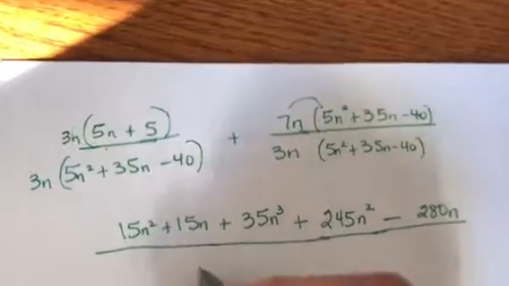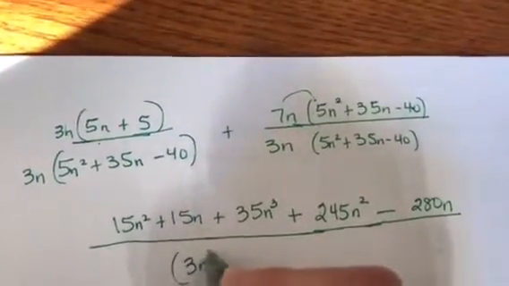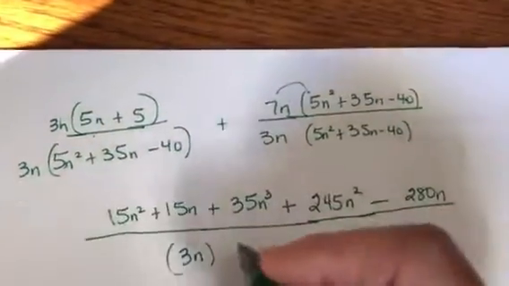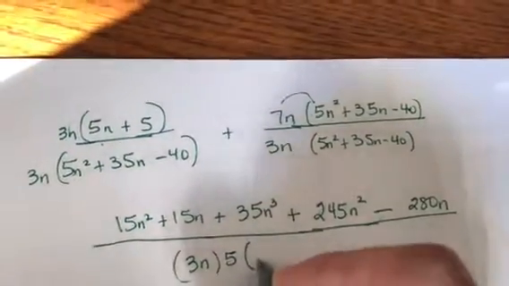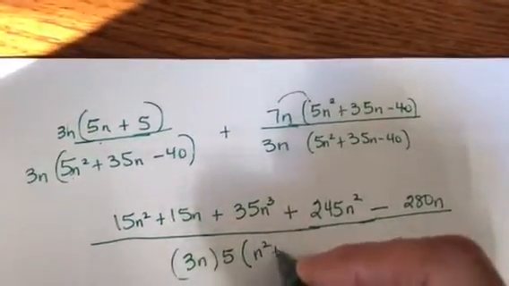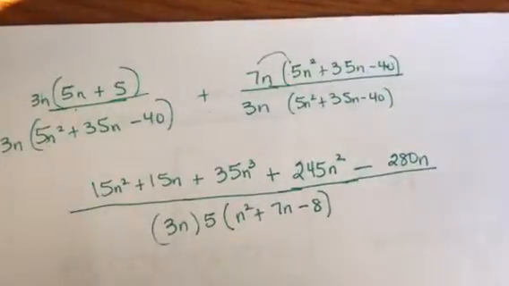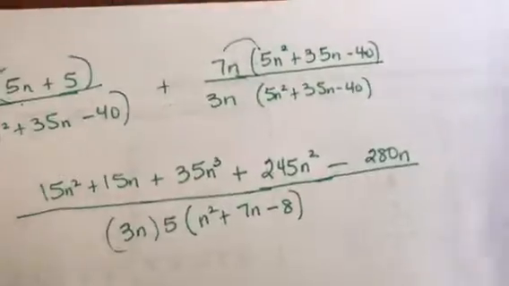So I've got 3n. One thing I might do is notice that this does have a 5 in common, so I might go ahead and pull out a 5. If I do that, I've got n squared plus 7n minus 8. So I will at least do that. I pulled out what's common.